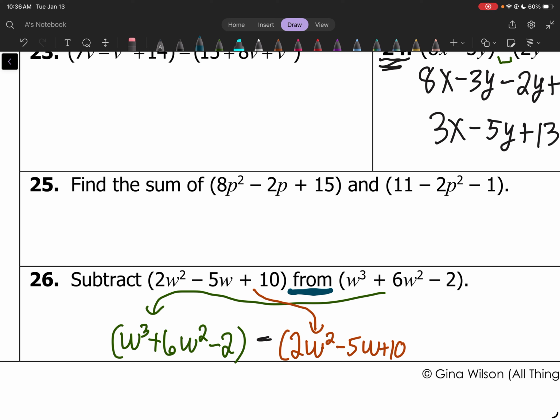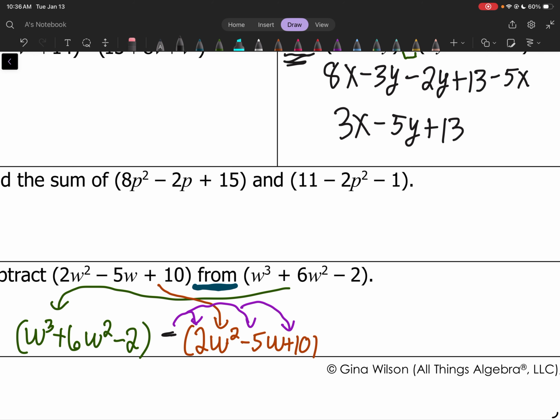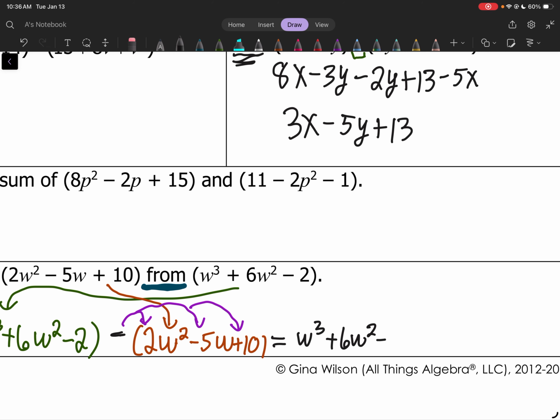Because this is subtraction, I'm going to distribute this negative to all three terms, and it's going to give me w cubed plus 6w squared minus 2 minus 2w squared plus 5w minus 10.